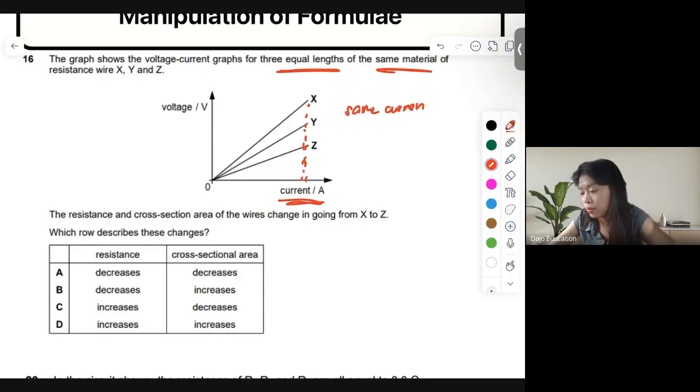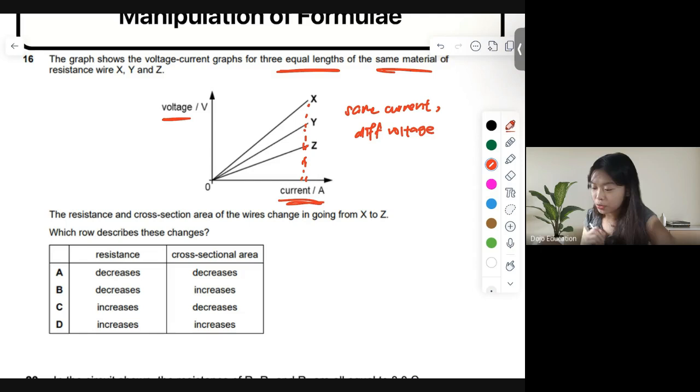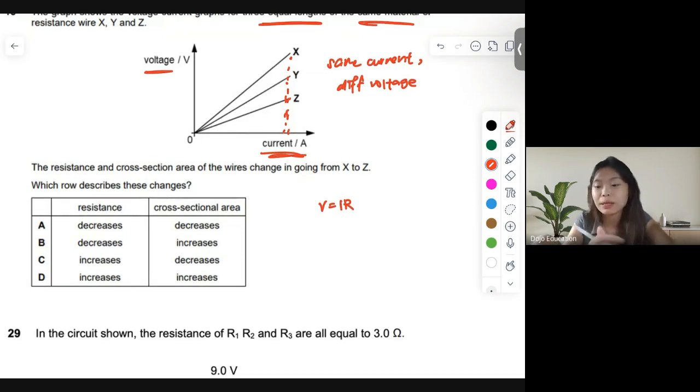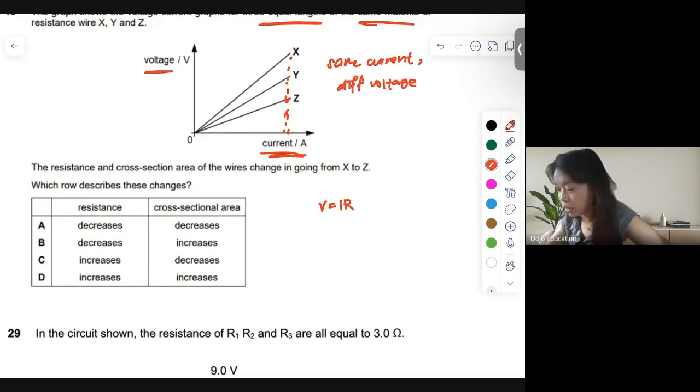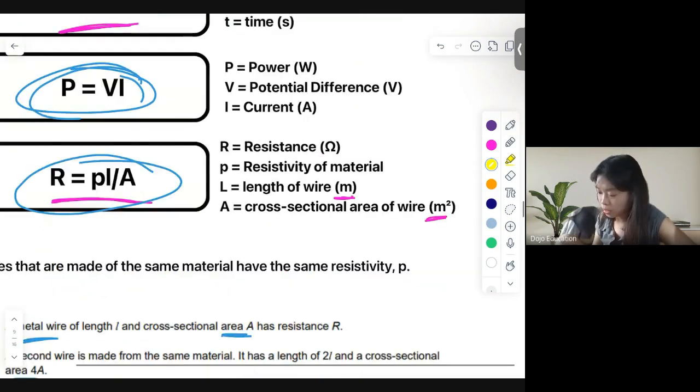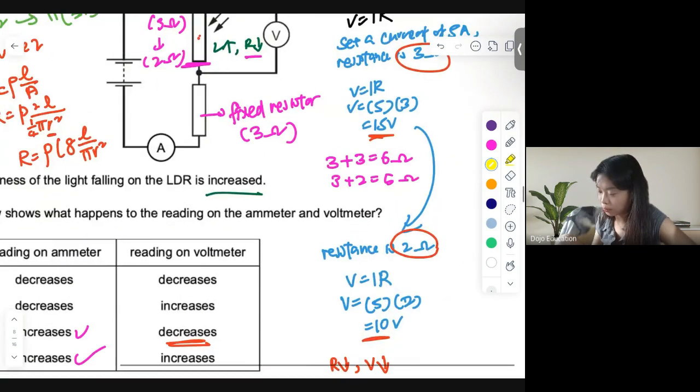But what is different is the voltage. What we learned just now, V equals IR. What is the relationship between resistance and voltage? We actually subbed in numbers just now to find out already, and we found out that they are directly proportional, which means that when my V decreases, my R decreases.